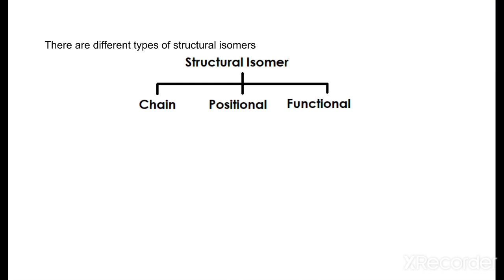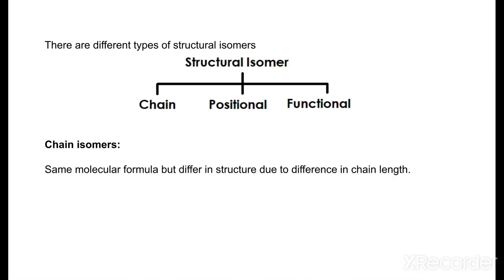Now the name itself indicates what a chain isomer is. It is a structural isomer having the same molecular formula but differing in structure due to differences in chain length. The size or the length of the chain can differ in this isomer.